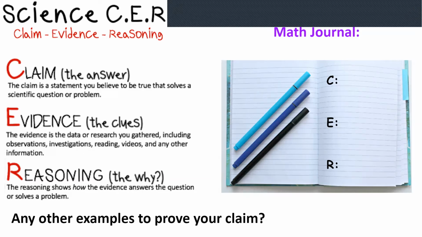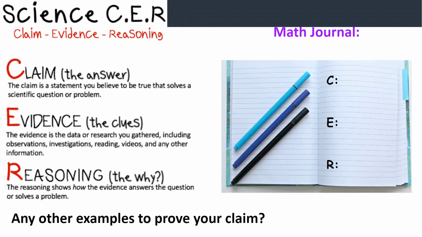Now, on the fresh page, I wrote down the 3 letters representing claim, evidence, reasoning. Afiq, your journal, please. And let's take a look at what these 3 letters mean. Claim is a statement you believe to be true that solves a scientific question or problem.